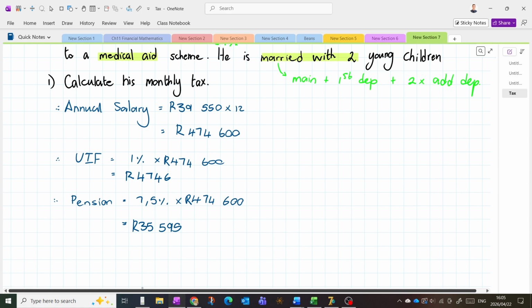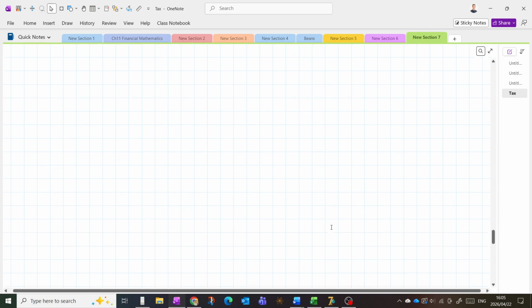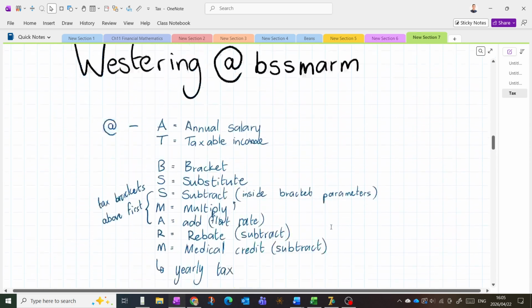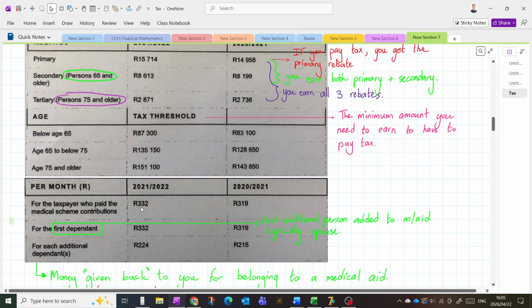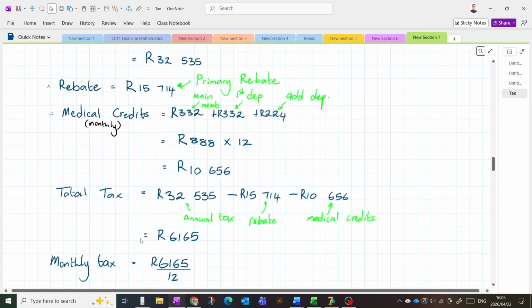Before we go on, I'm going to do his medical aid credits as well. This time I'm going to do it in one step, so I'm going to say 12 times, and I'm going to bracket it off. We know it's him, a first dependent, and 2 additional dependents. For him, he gets 332, first dependent 332, and then the additionals 224.